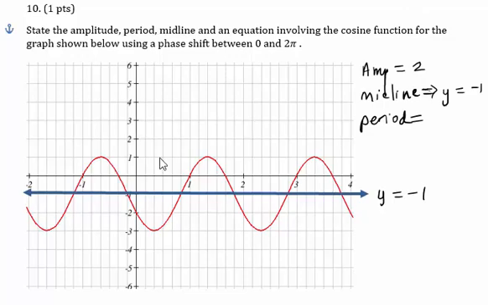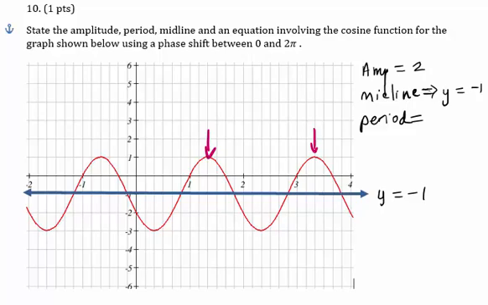Okay, we also want to find the period. So we just want to look at how many radians are in one cycle of the graph. You can look from one max to another, or one min to the next min. I'll look at these, and we're just going to try to find how many spaces are between them.